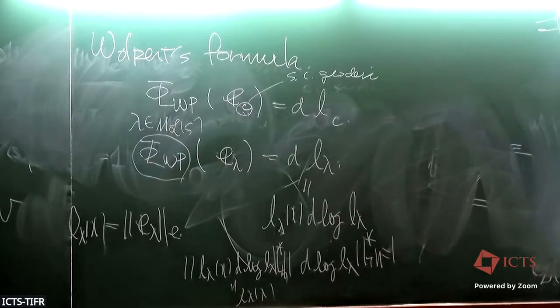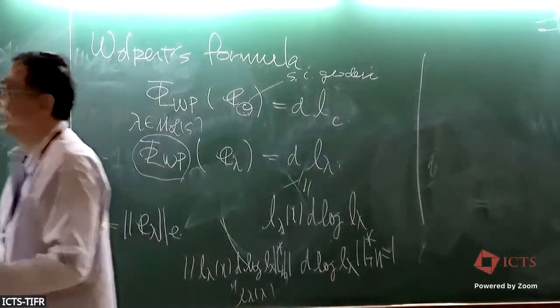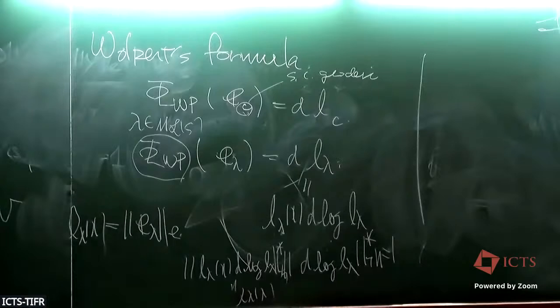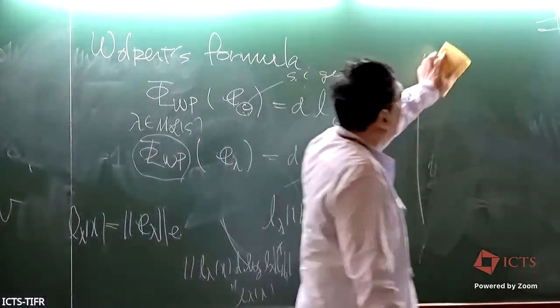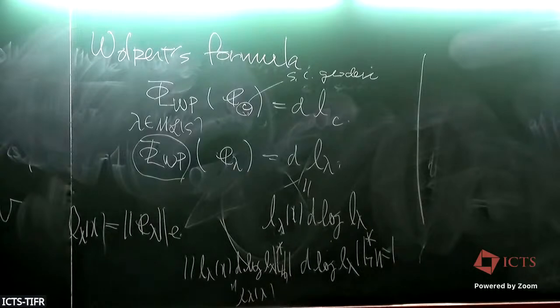That's something very amazing, and it also tells you something which is hidden in this proof. There is something related to the complex structure. I'm not so sure what really is there, but this should be remarked.